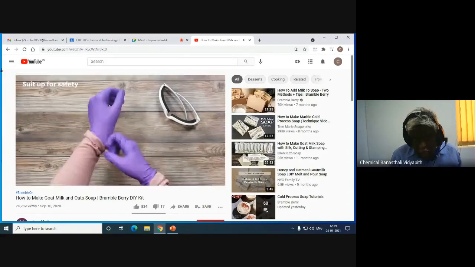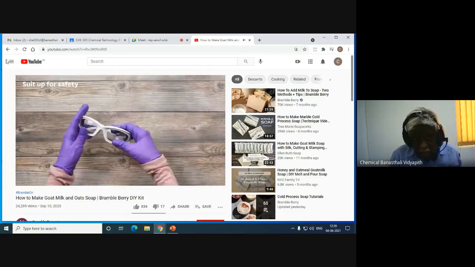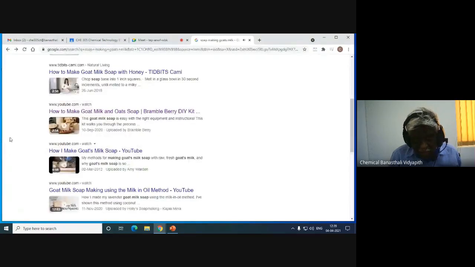Goat milk and oats. I think you all should try some of these, for time pass.